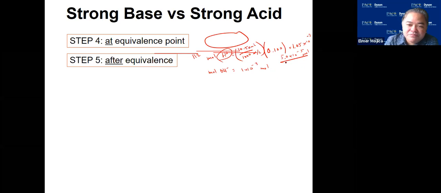So 10.5 plus 50 will give you what? 60.5. And convert it to liters. So I get here around 8.26 times 10 to the negative 4.